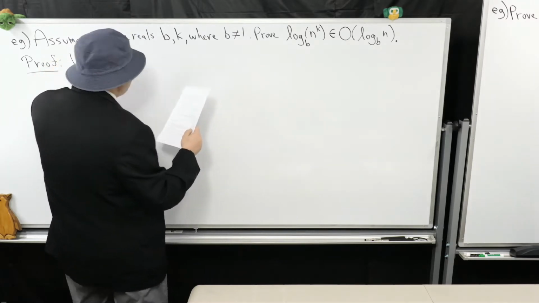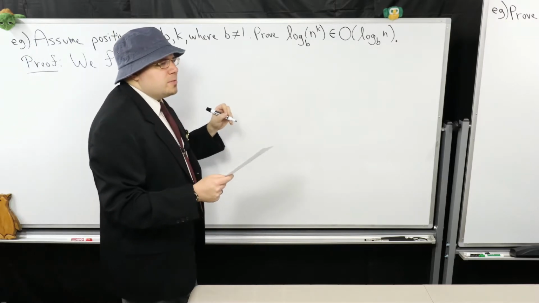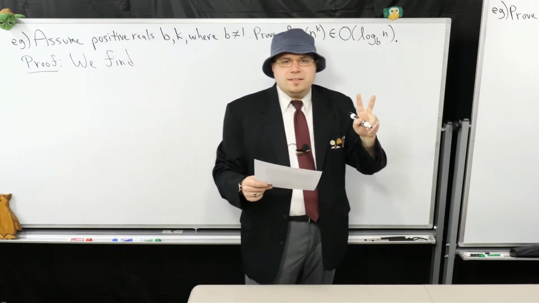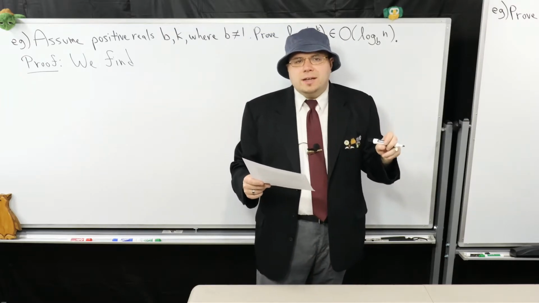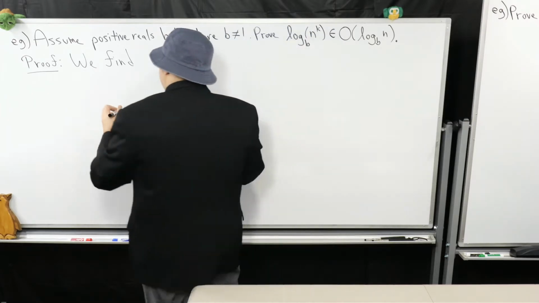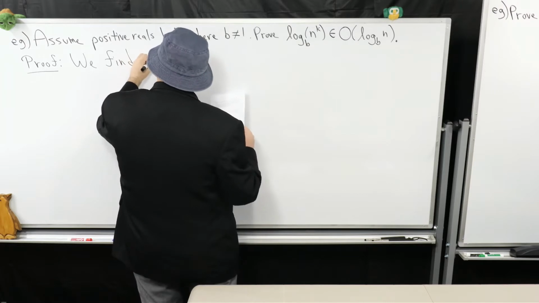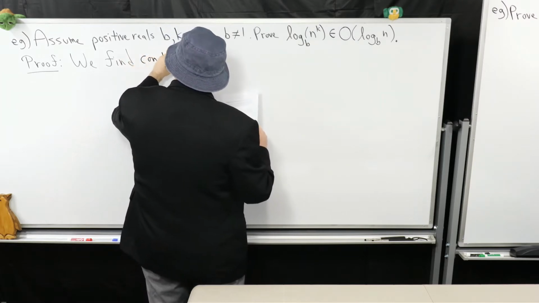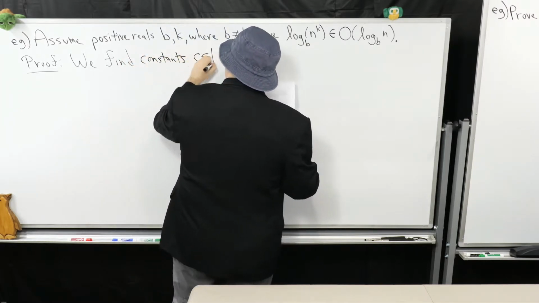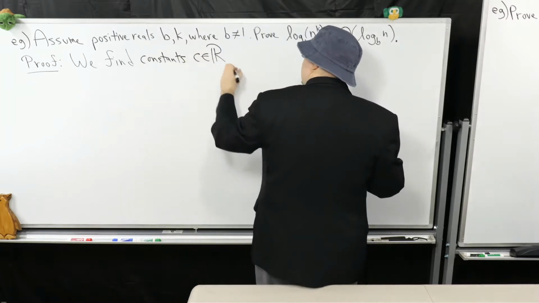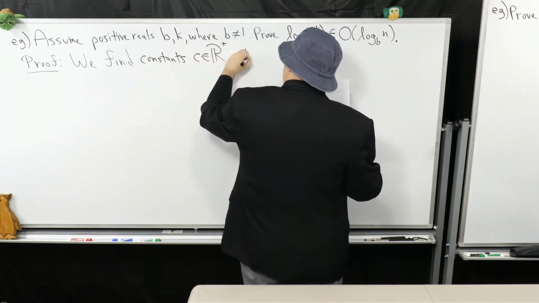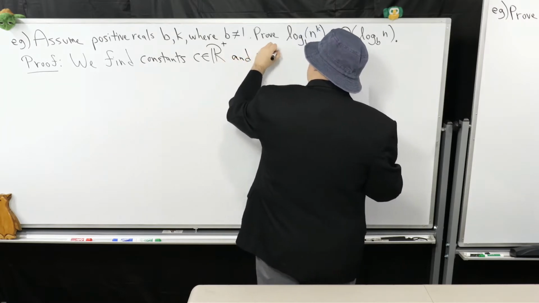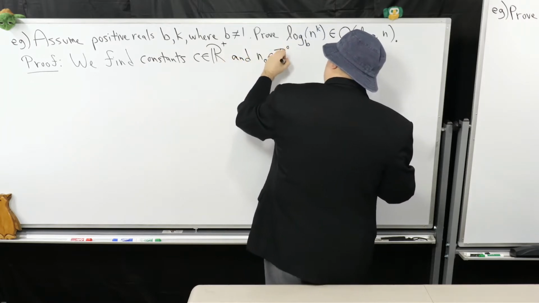So remember, what's the definition of big O again? We have to find two constants. One's a positive real number, one's a positive integer. So we find constants c, which is a positive real number, and n0, which is a positive integer.